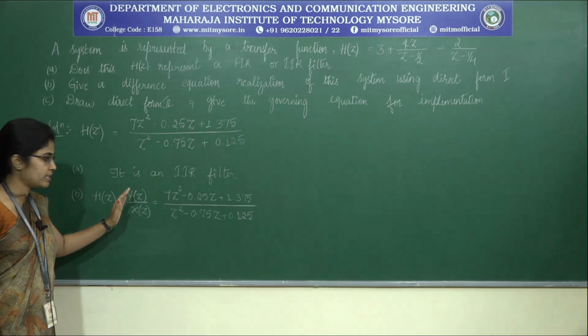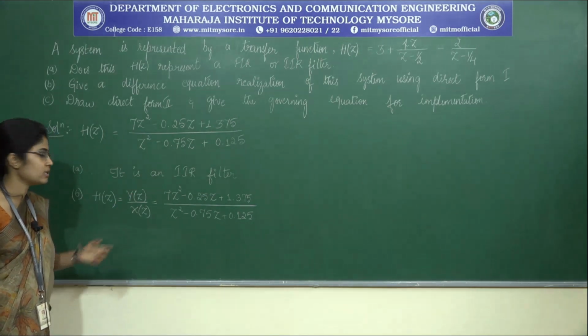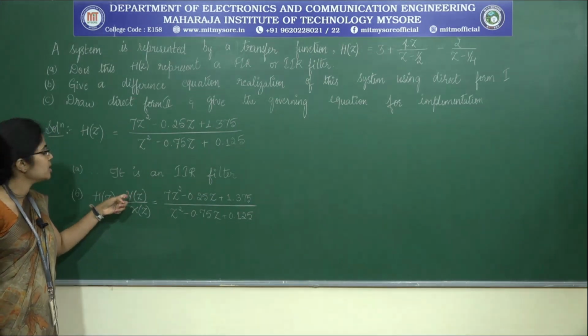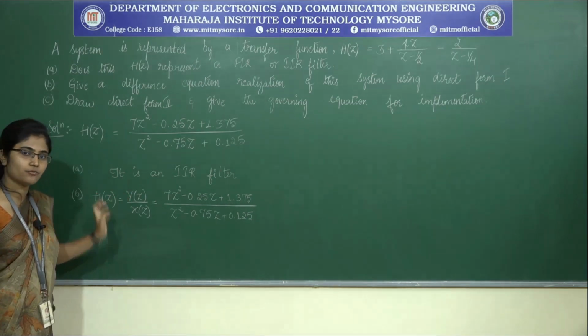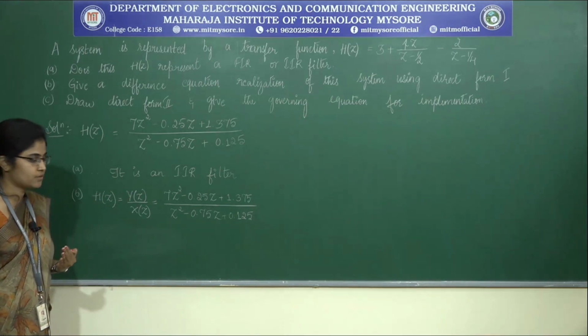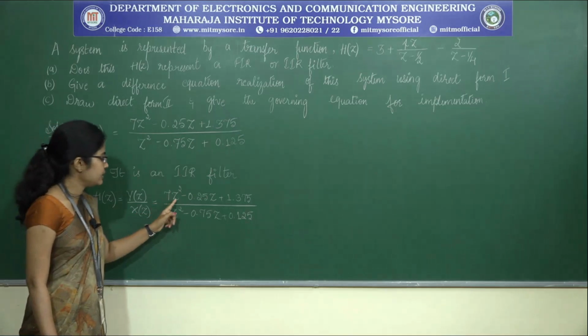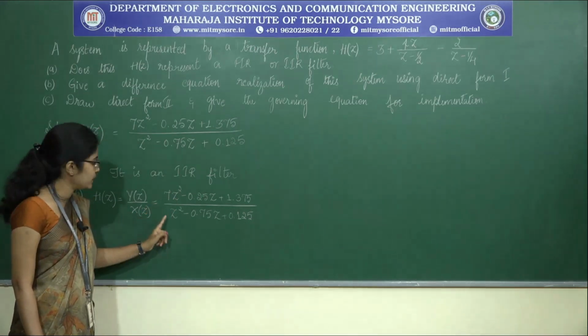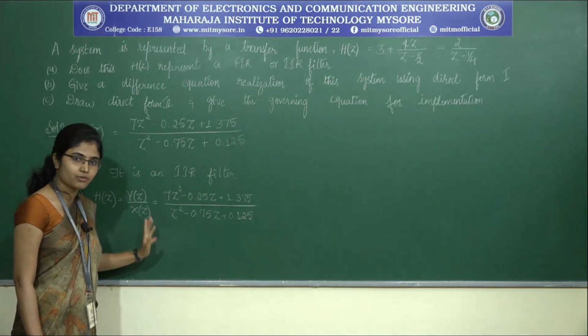Now I need to reduce this transfer function to find the expression for Y(z), and with the help of that, find the difference equation. For that, I will take z^2 as a common factor in the numerator and z^2 as a common factor in the denominator.